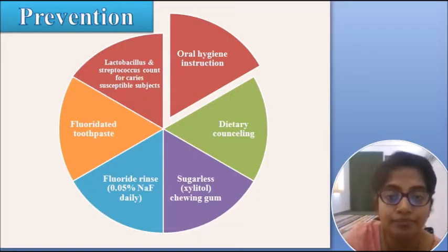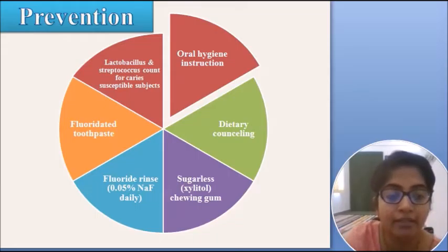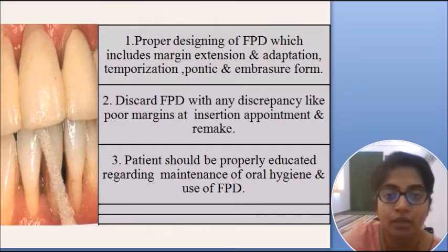Apart from that, we can have dietary counseling, sugarless chewing gum, fluoride rinses with 0.05% sodium fluoride daily, use of fluoridated toothpaste, and lactobacillus and streptococcus counts for caries susceptible subjects. These are the methods by which we can prevent the formation of caries.